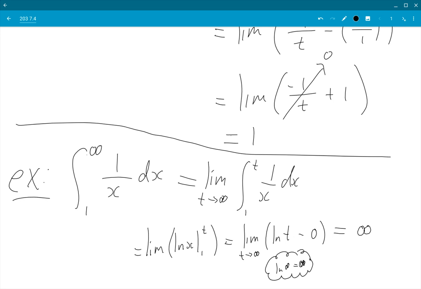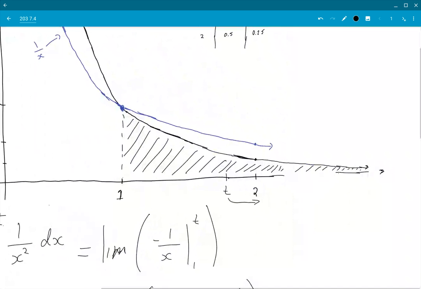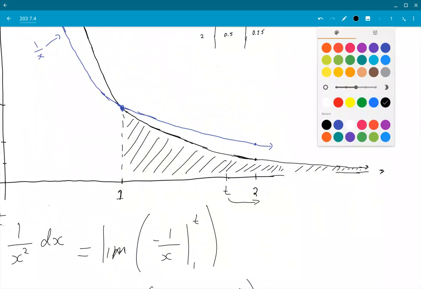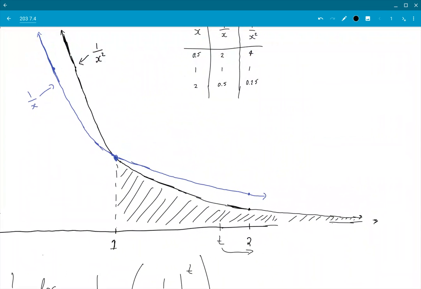Let's scroll back up and see what's happened. So, the black curve is 1 over x squared. The blue curve is 1 over x. And the blue curve, you see how it falls slower, right?